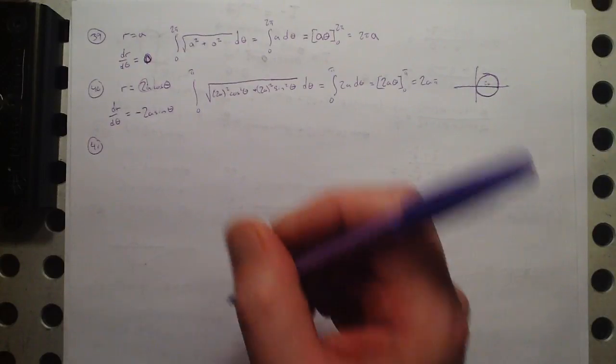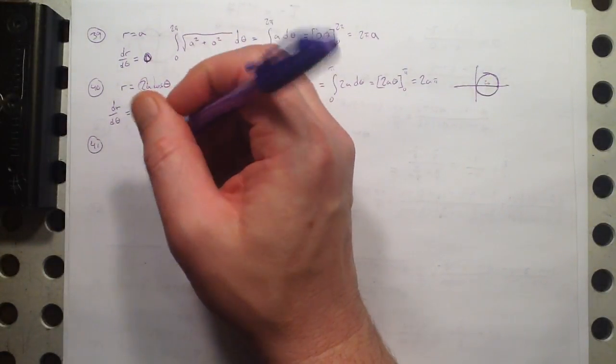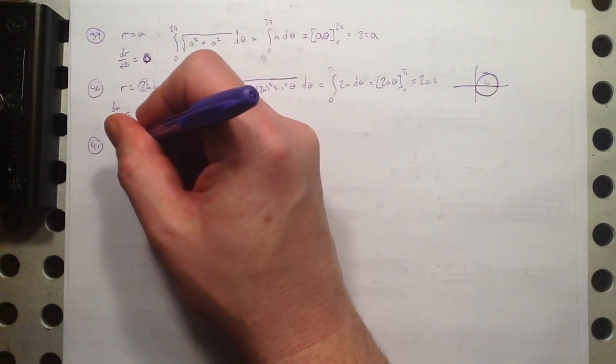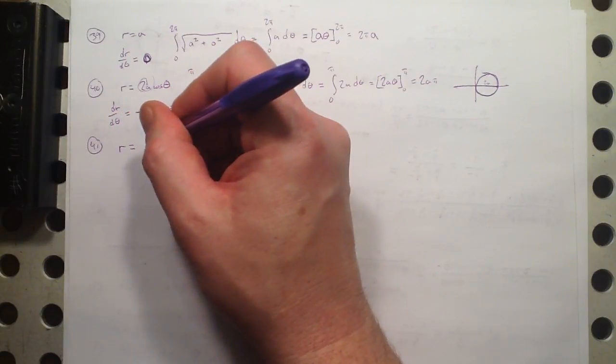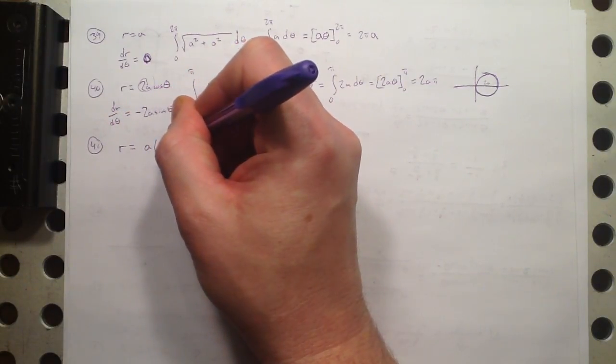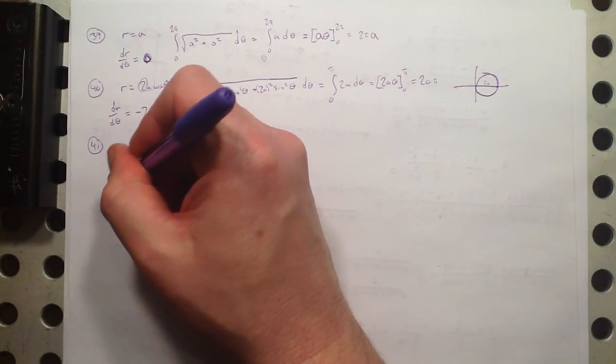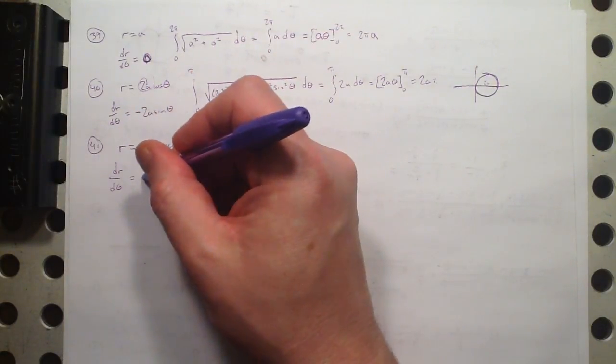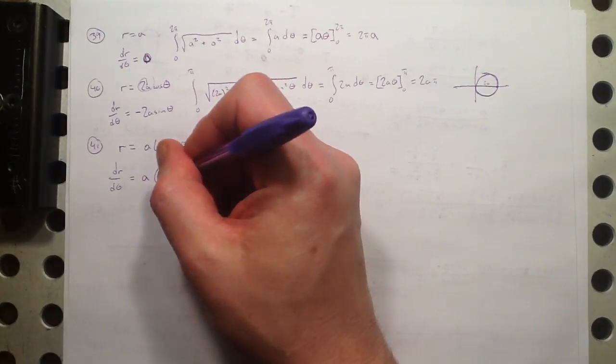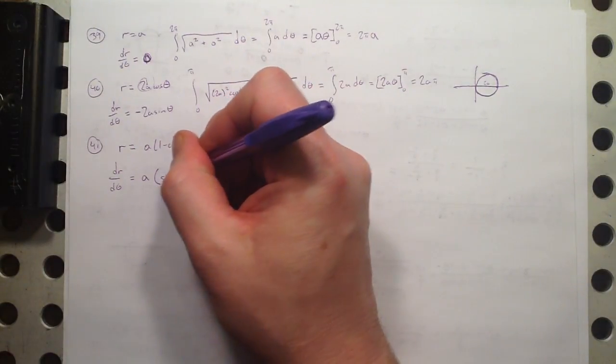Number 41. The entire cardioid, r equals a times 1 minus cosine theta. So dr d theta is equal to a, that's just a number, times sine theta.